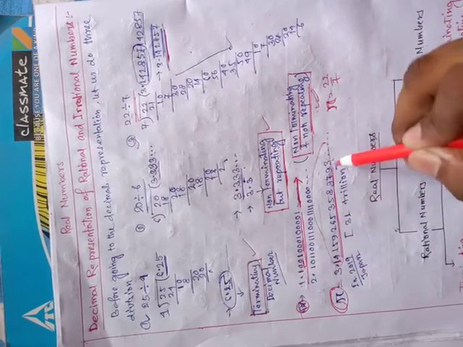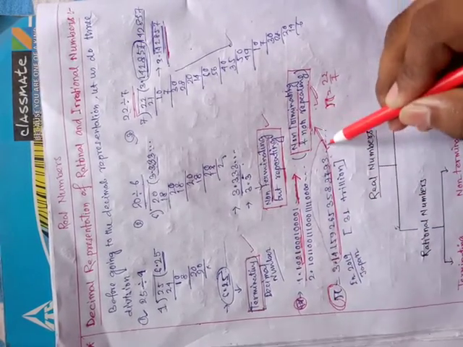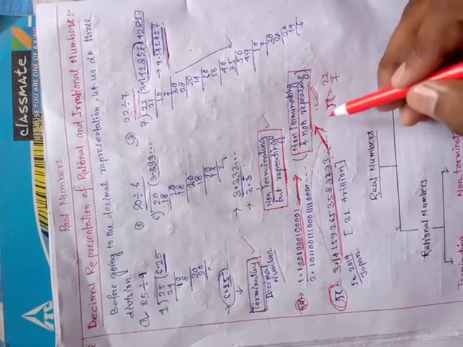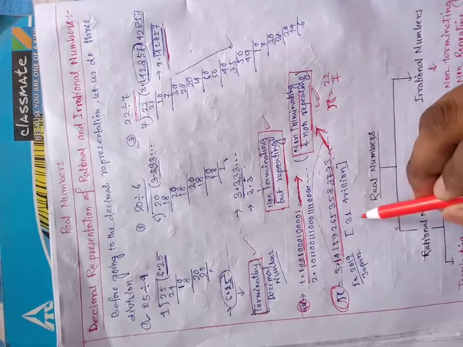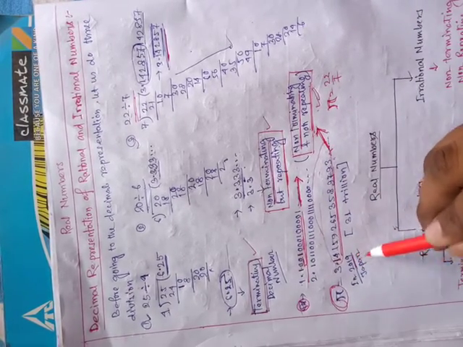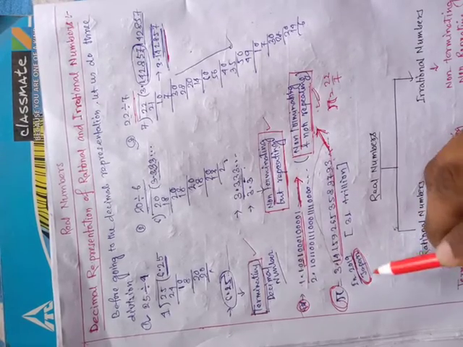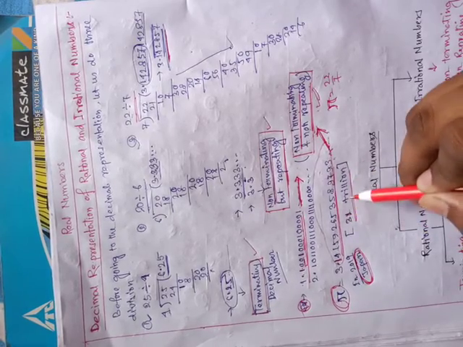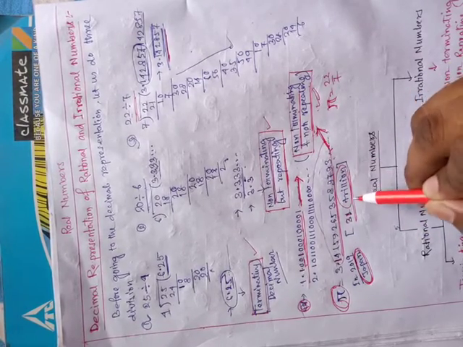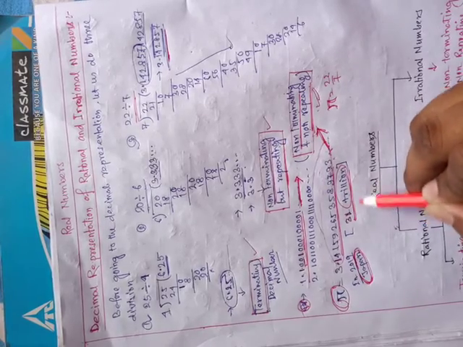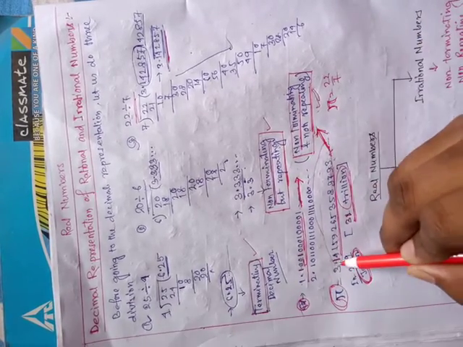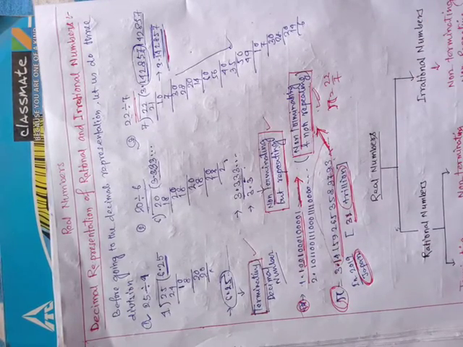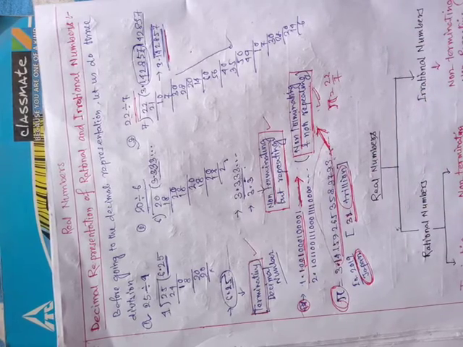Recently, in 2019, Japan found by computer programming 31 trillion digits after the decimal point, but no repeating process occurs.